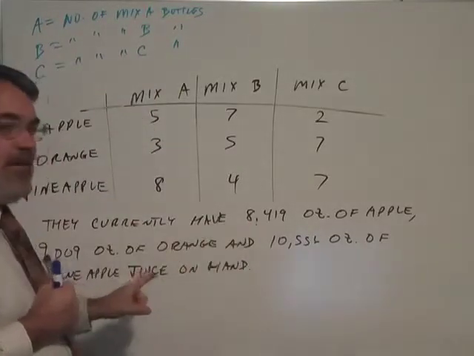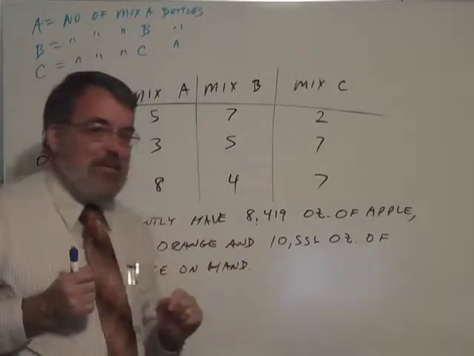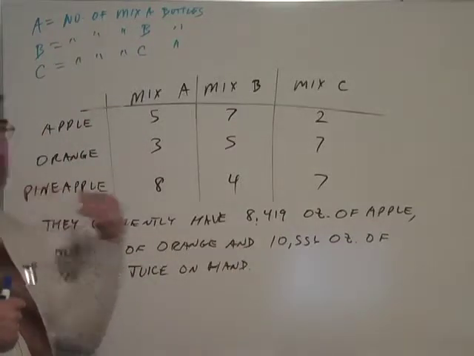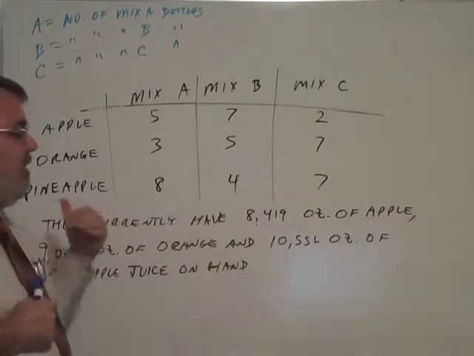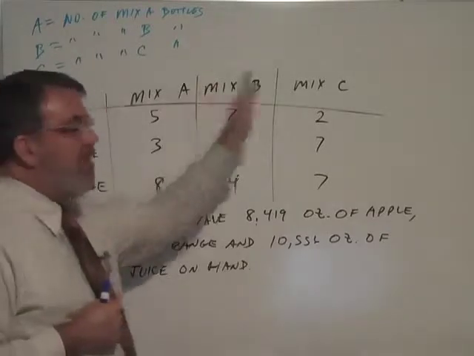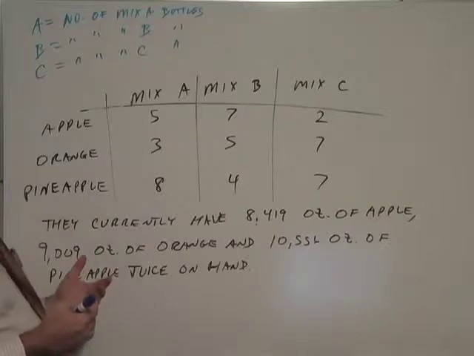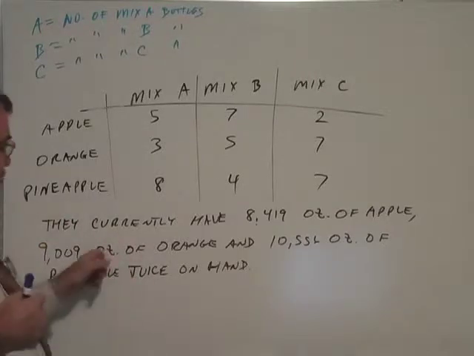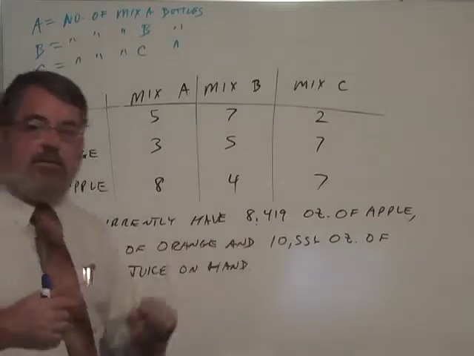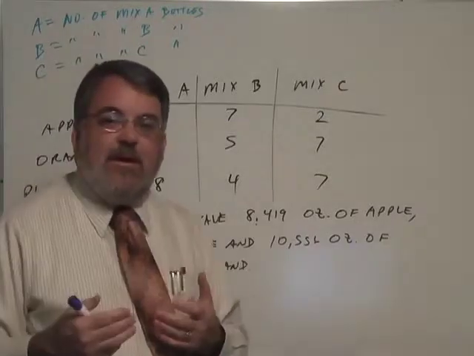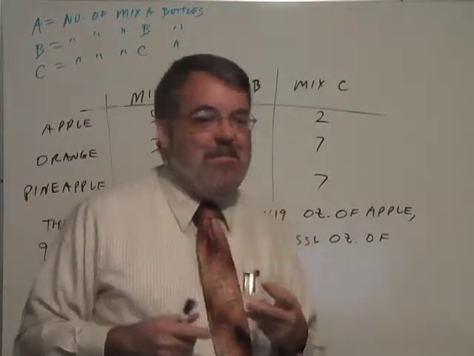Our 3 equations will come from these numbers. Why is that true? Because when we use up all this fruit juice, the amount of apple juice used in the 3 mixes has to total 8,419. The amount of orange juice in the 3 mixes must total 9,009, and so forth. So that defines the 3 equations we're looking for.